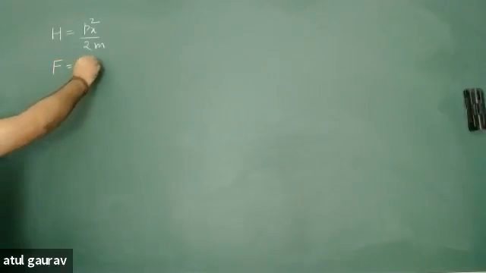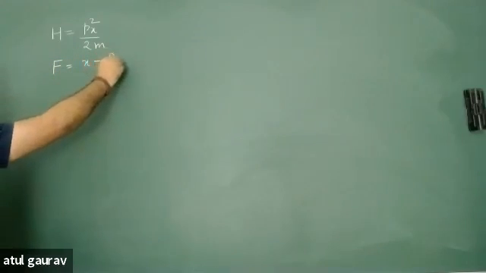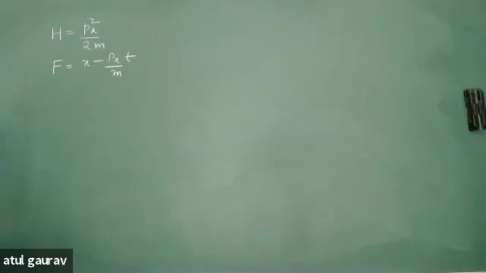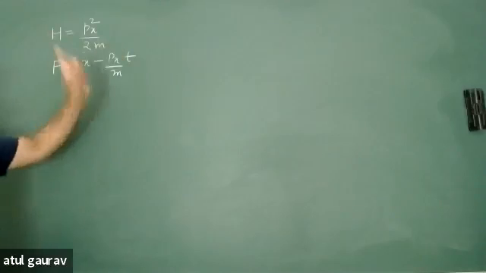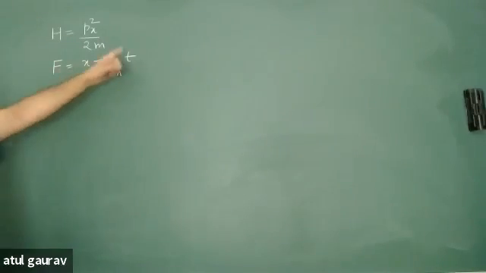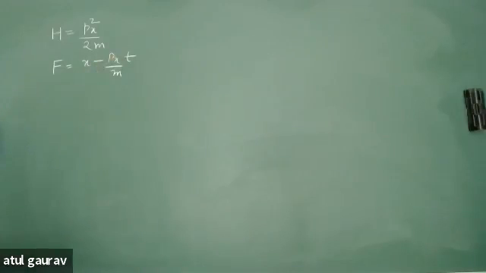And we have some particular function f. What is this f? f is equal to x minus p_x t/m. Look at this, f is a function of time.